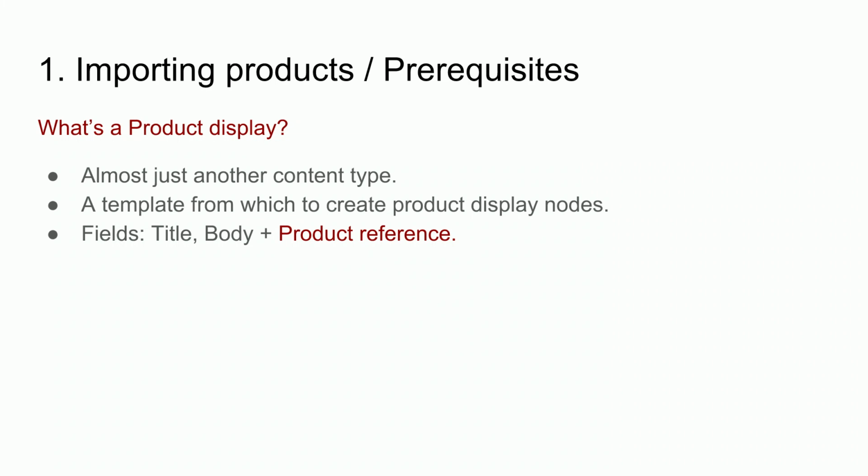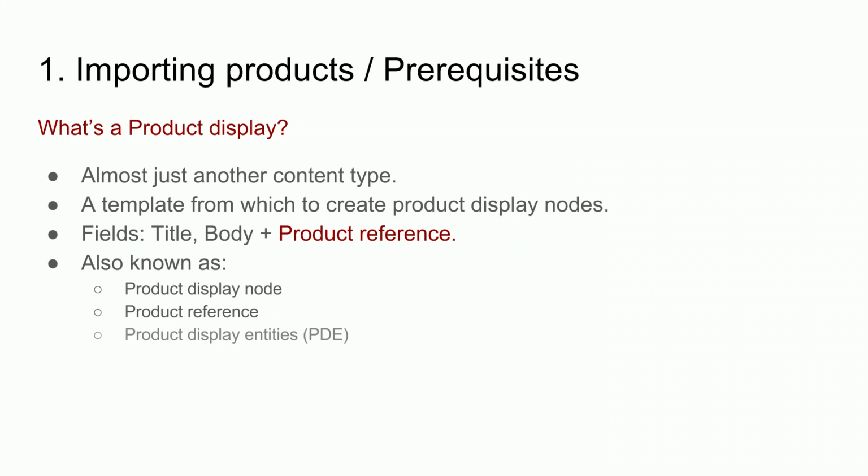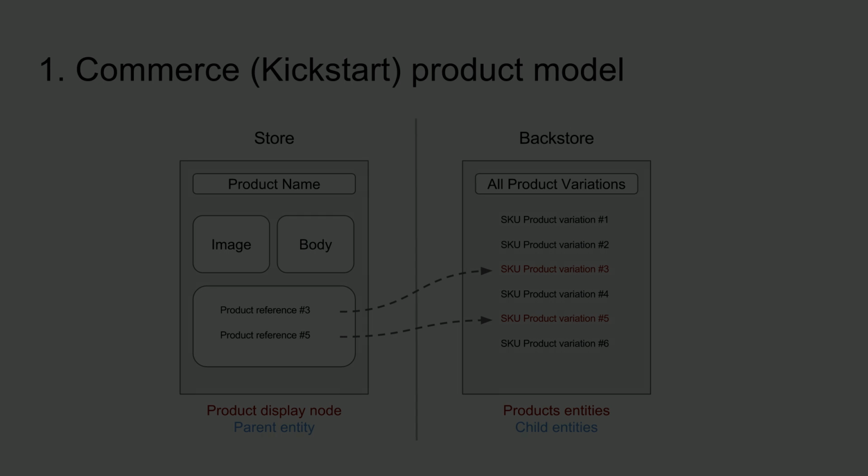And it has to be obviously multi-value, because you may have a t-shirt that's available in 5 sizes, 3 colors. So those would be products, and they would come in to the product display. Also known as product display node, product reference. So if you hear the word product reference, that's a product display, or product display entity. Those are front store or user-facing entities, nodes, right?